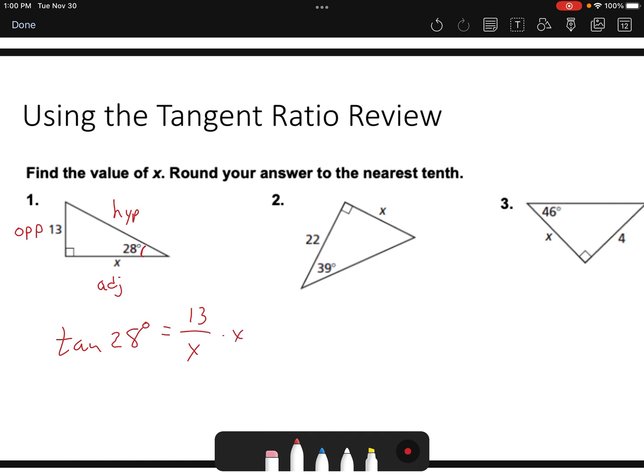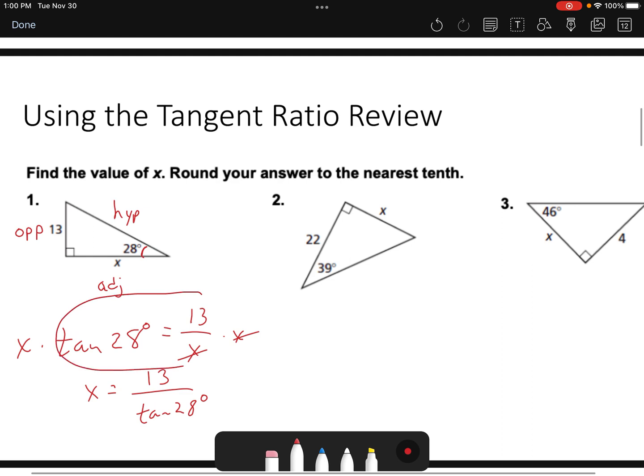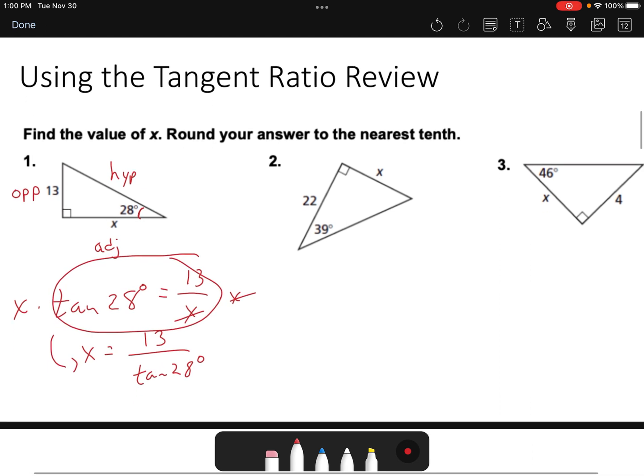We know from experience that when we do this multiplication of the denominator, we're going to end up dividing by the tangent. Once you write it down, you could go right to this, but you have to understand the algebra behind it. So 13 divided by tangent 28 is about 5.64.